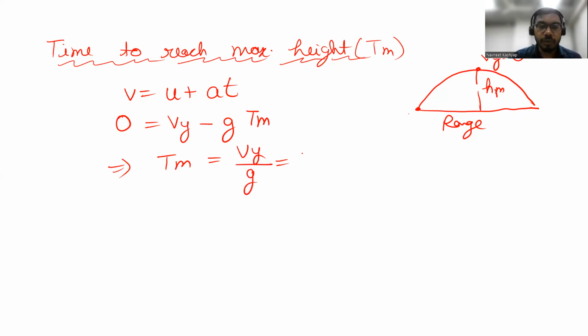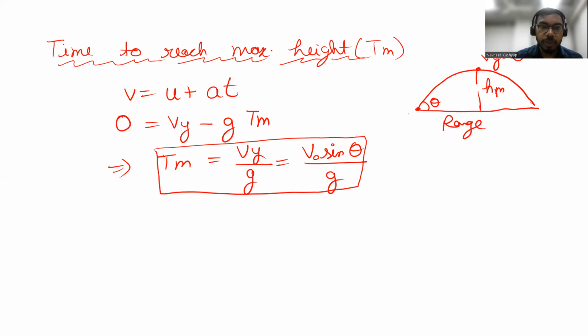What is the initial vertical velocity? It is v naught sine theta if the angle is given from the horizontal. So Tm is v naught sine theta divided by g. This is our formula to find the time taken by the projectile to reach its maximum height. We use the limiting condition that the vertical velocity is zero.